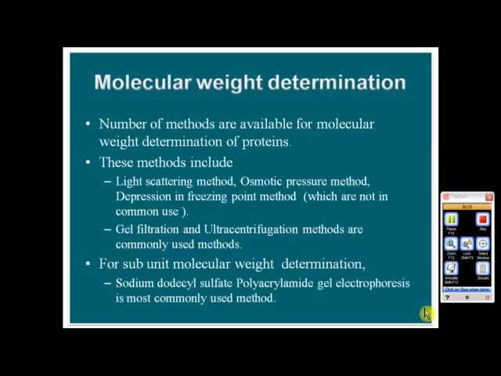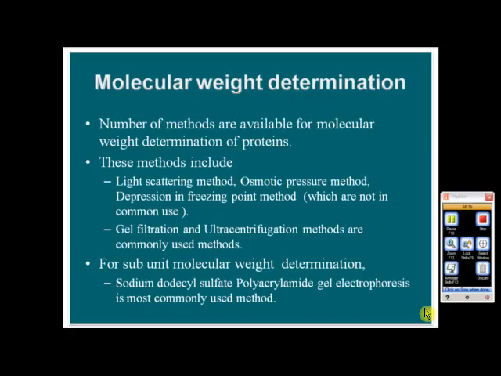So, native molecular weight determination. We have several physical methods like the light scattering method, osmotic pressure method, and depression in freezing point method. Generally, these are not used commonly. Earlier, people used them in physics, and in our biochemistry, people generally use gel filtration and ultracentrifugation methods for determining the molecular weight.